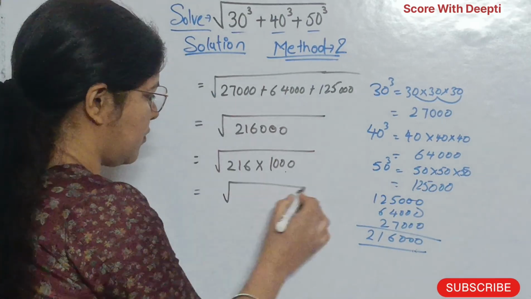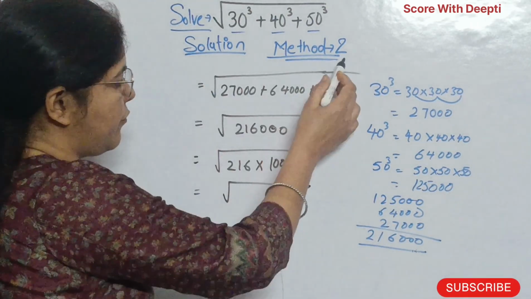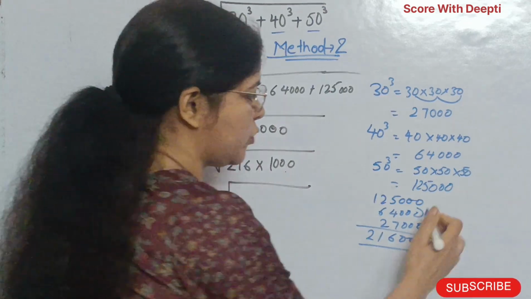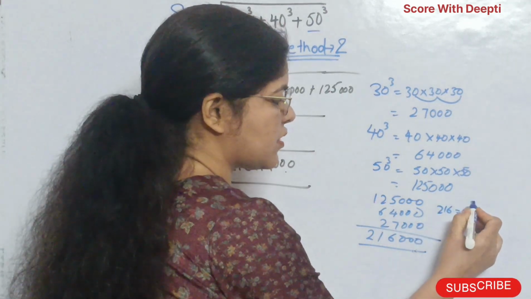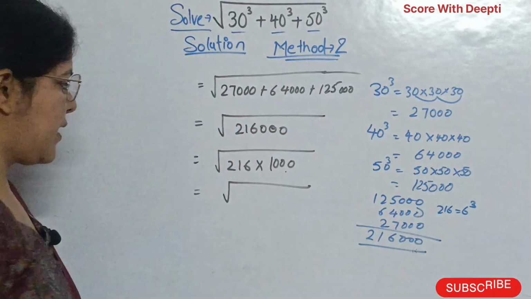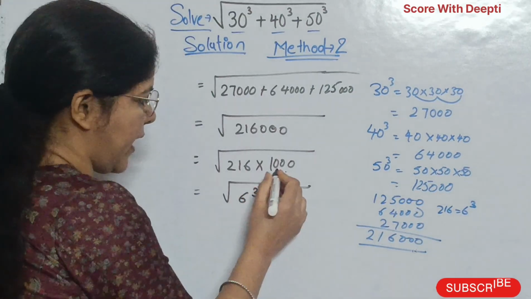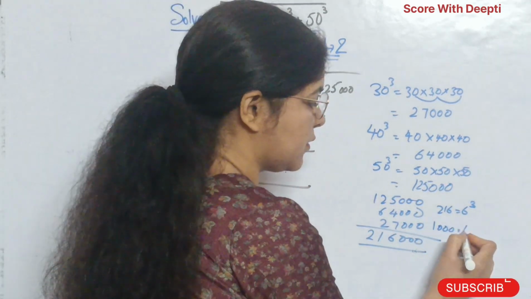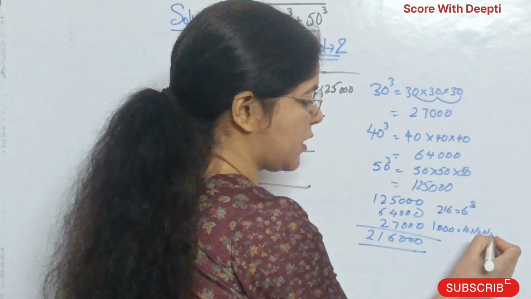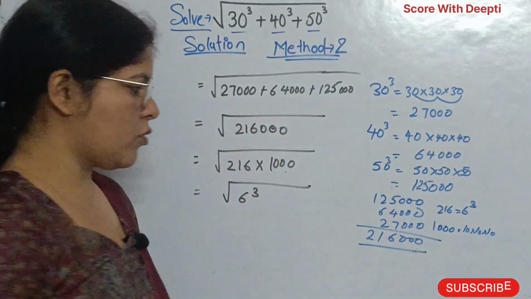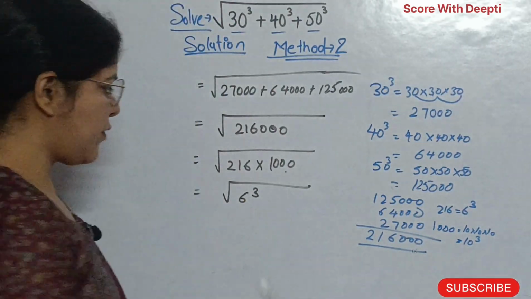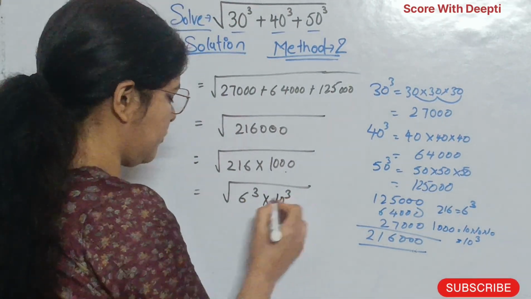Next, as we know in first method, in place of 216 we find 216 as 6 cube. Means here we will write 6 cube, and in place of 1000 means 10 three times. After multiplying 10 we get 1000, and here we will write 10 cube.